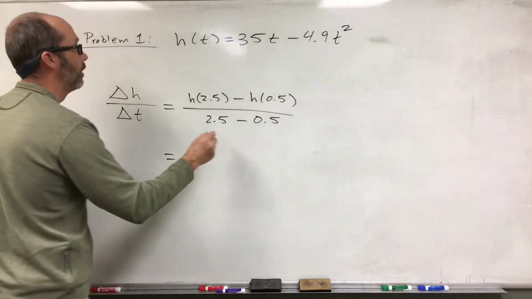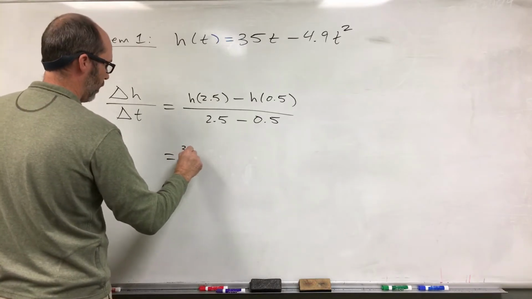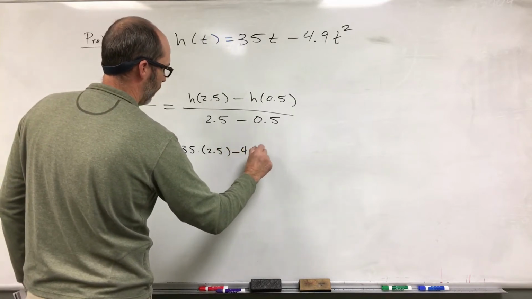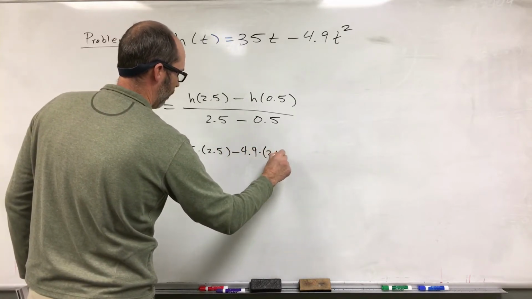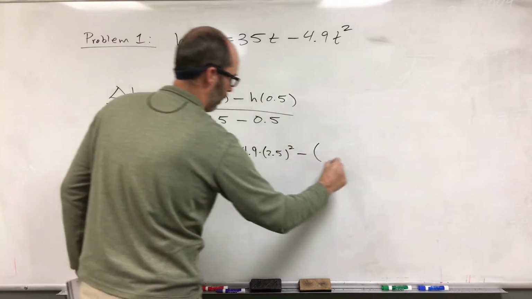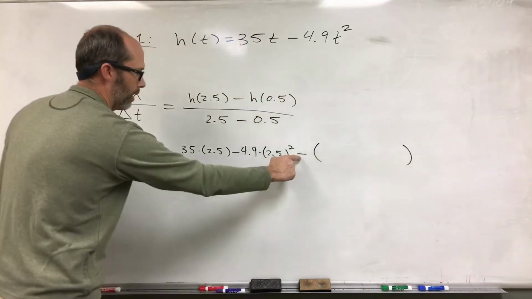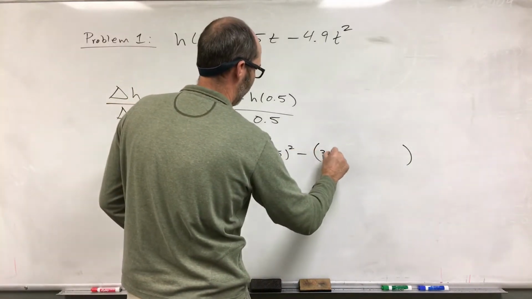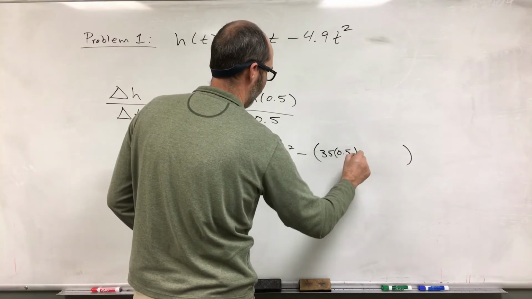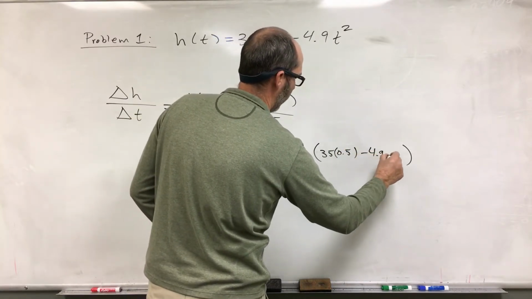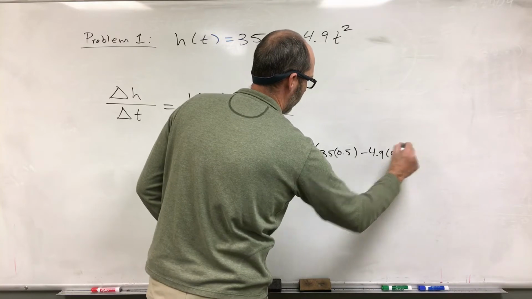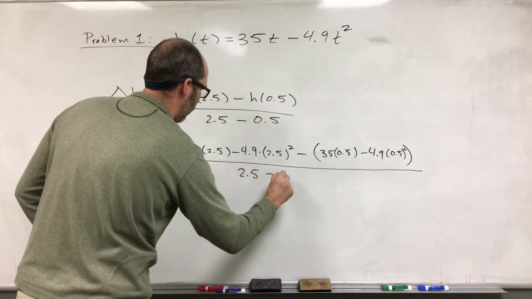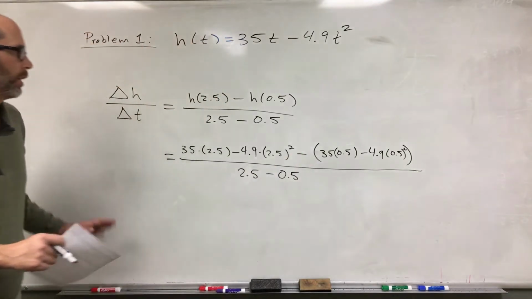The thing to remember, you've got 35 times 2.5 minus 4.9 times 2.5 squared, and that negative goes to both terms: 35 times 0.5 minus 4.9 times 0.5 squared.